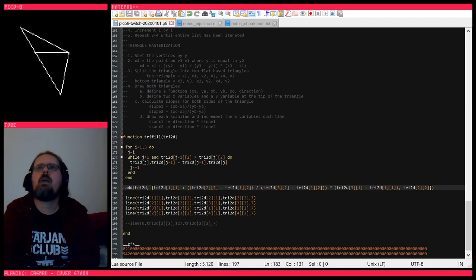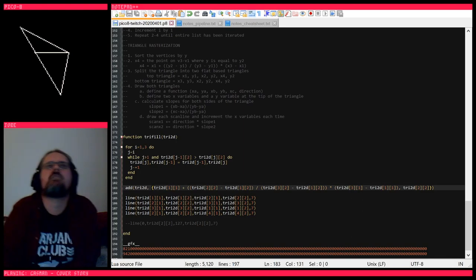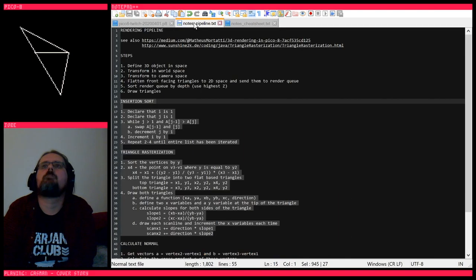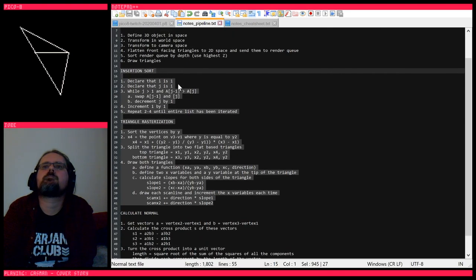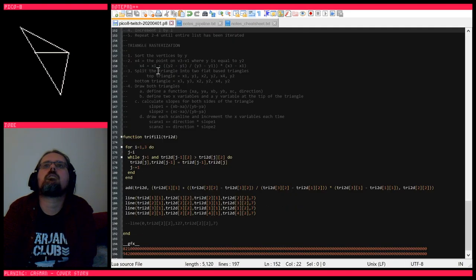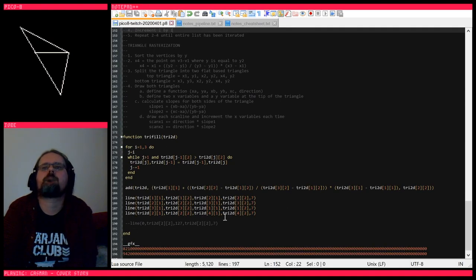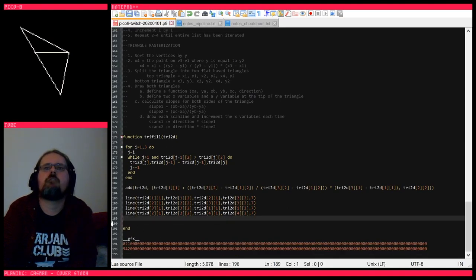And now we can start doing the rasterizing, i.e. filling, because it's pretty easy to fill a flat-based triangle. And so we're gonna do another function for this.